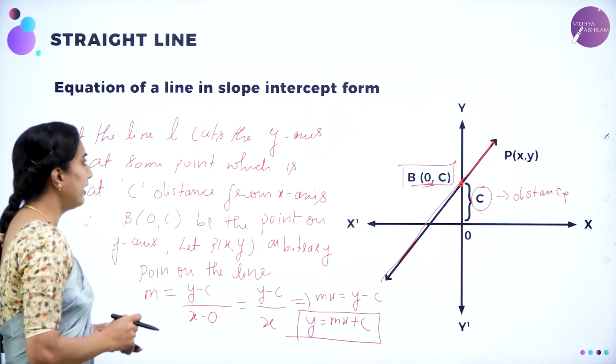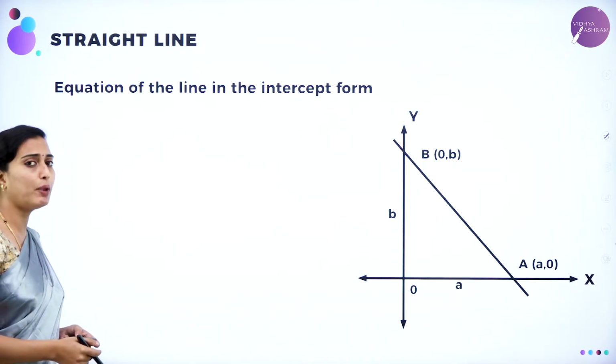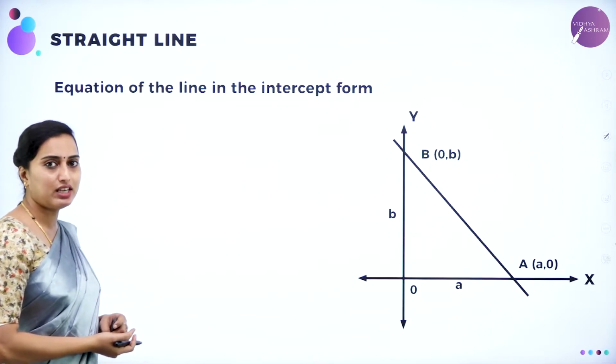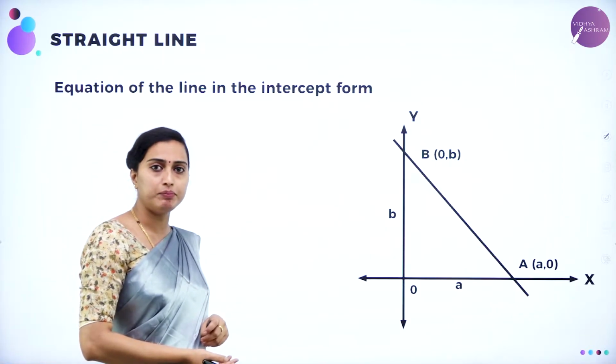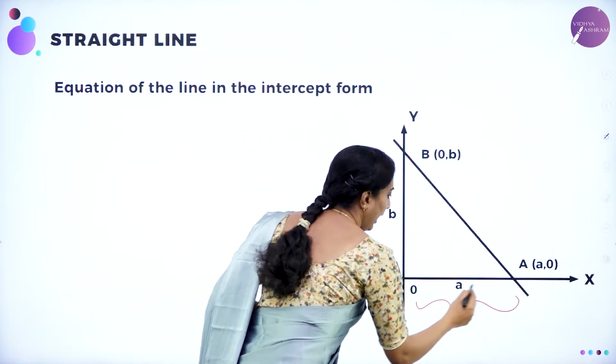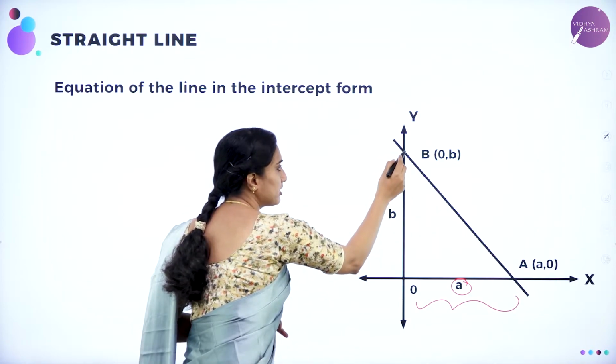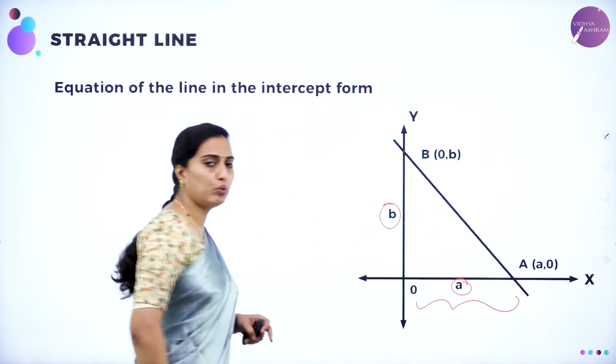We'll move on to the next formula, equation of the line in intercept form. What about when the line is cutting at both the axes? That means the line is cutting the x-axis at a distance of a units and the y-axis at a distance of b units.